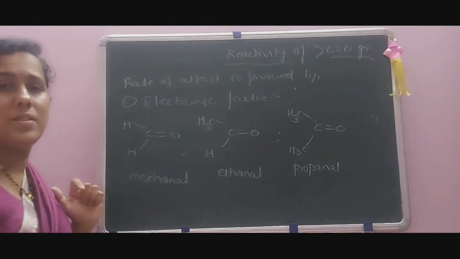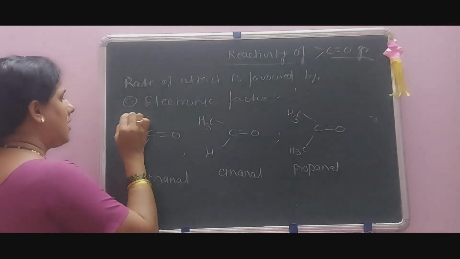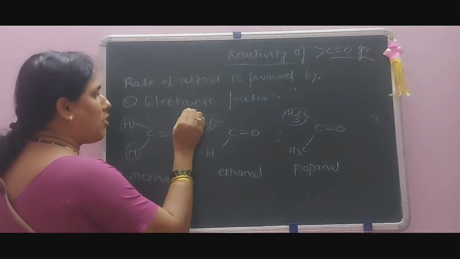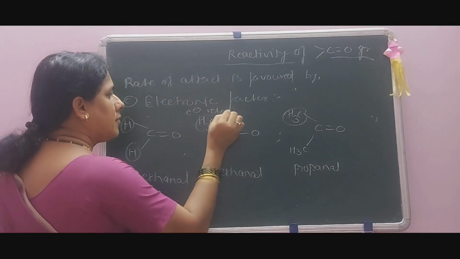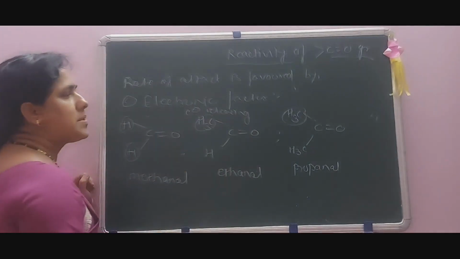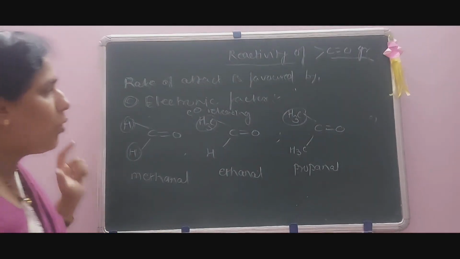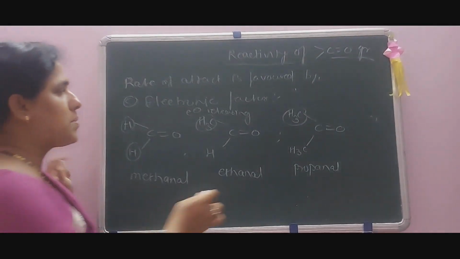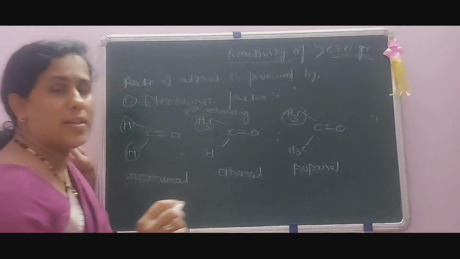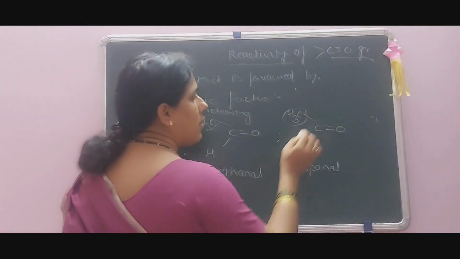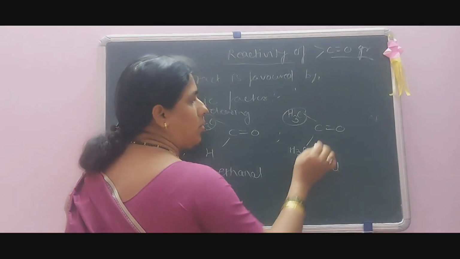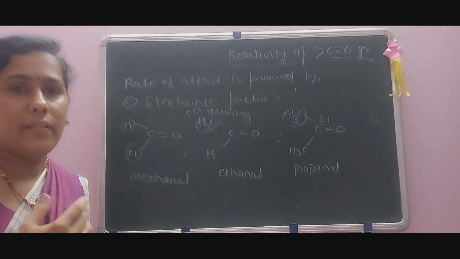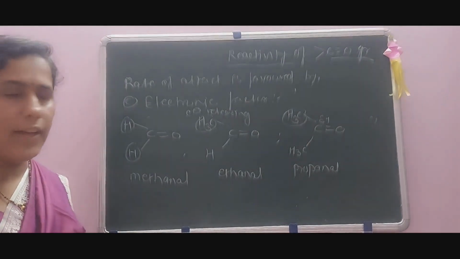Now see here, what happens? The number of bulky groups, that is electron releasing groups, is greater in propanol. In propanol, the number of electron releasing groups is more. They diminish the negative charge going to be present on the positive carbon atom, and thus they decrease the nucleophilic effect.